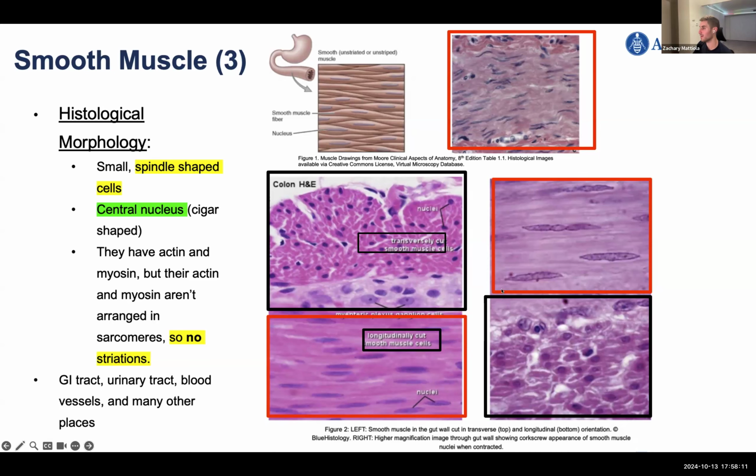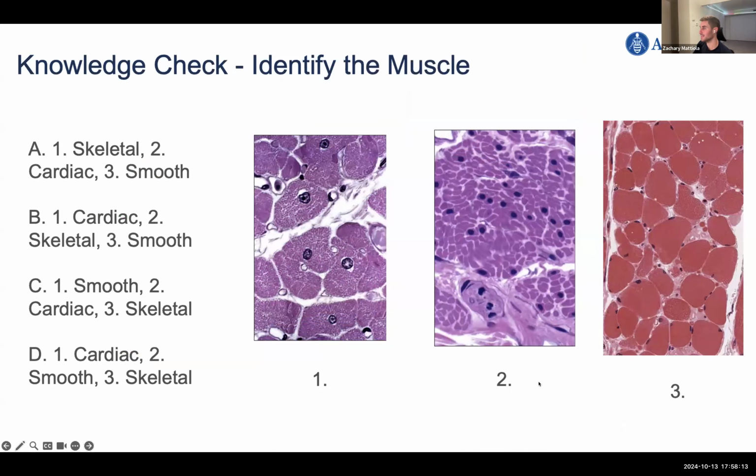And I say that because our next question is trying to differentiate the three muscle types in the cross-sectional image. So go ahead and see if you can do that. I understand this is probably a little harder because you can't really see any striations or branching, you only get to see where the nucleus is, but give it a shot.